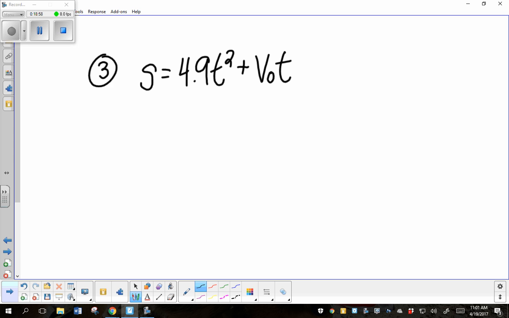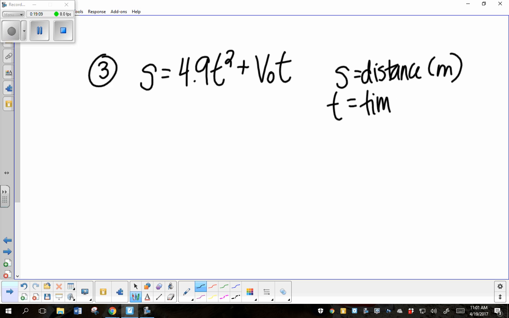So if we are up and we throw a rock down, S represents the distance that it falls in meters. T is the time that it spends in the air in seconds. And V with a little 0, and we call it V naught. I know it's weird. The little 0 means it's initial.